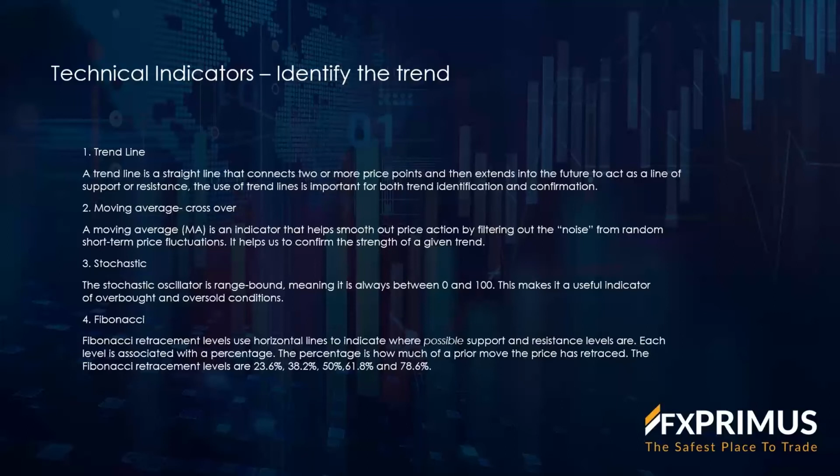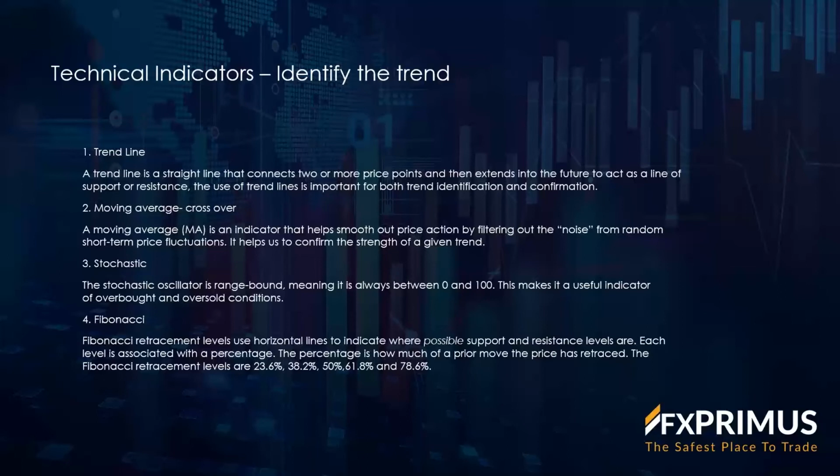So talking about the trend line to begin with, as we all know, a trend line is just connecting different prices in the market, covering the past trends and heading into the future to give you the direction of the trend.